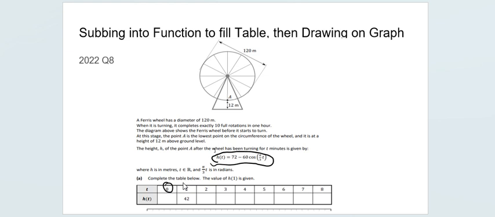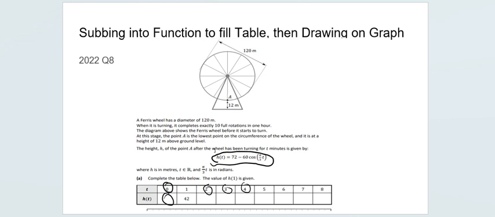You'll put in 72 minus 60 cos pi over 3, but then instead of t you'll put in a 0, and then keep sticking your answer and put your answer in underneath. Then you'll do the same, but you'll put a 2 in instead, and a 3 in, a 4 in, and so on, and you'll get your answer. So that's one of the easier things that's going to be on the paper.